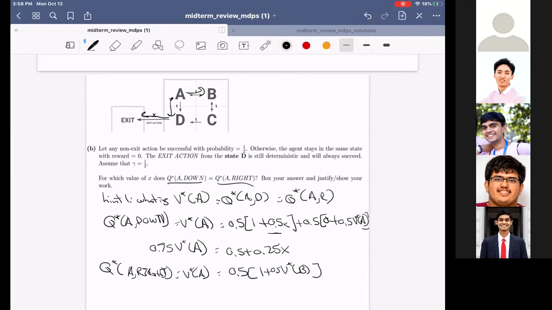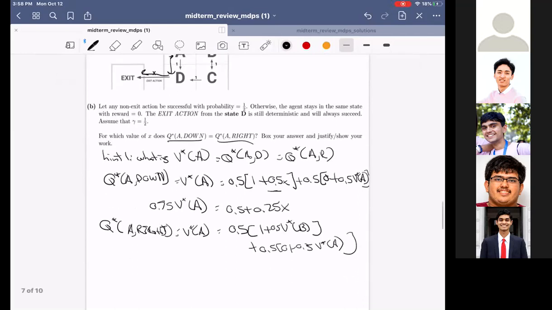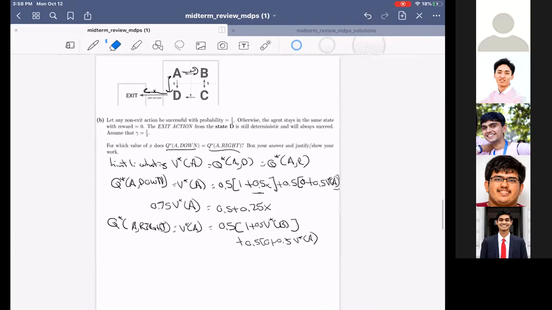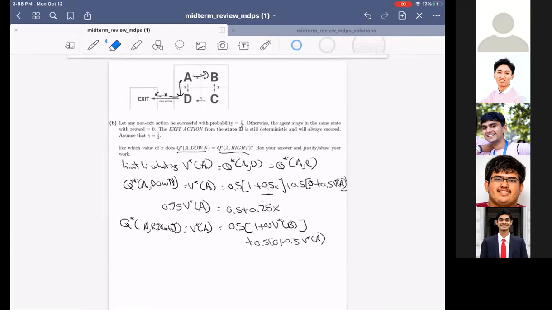Otherwise, we have the same term, 0.5 times 0 plus 0.5 times the value of A, because you're just stuck in A. So now you might be thinking, what is the value of B, right? Do we even know what that is? We don't really yet. So the last thing we need to do is be able to write the value of B.